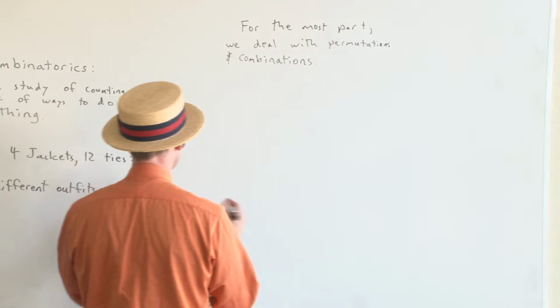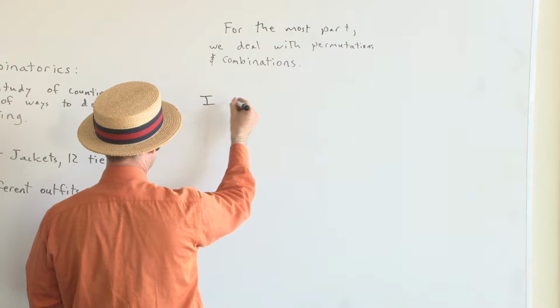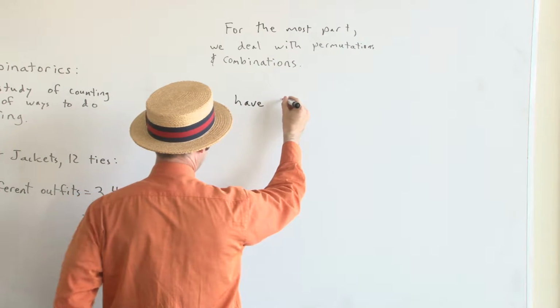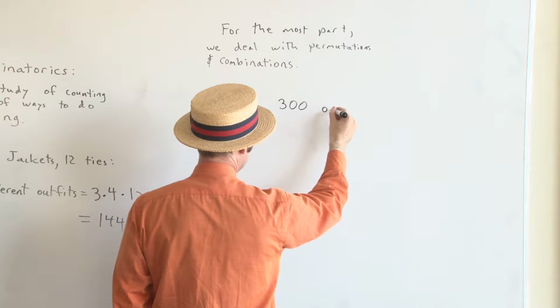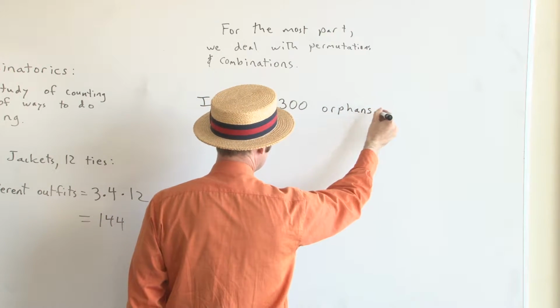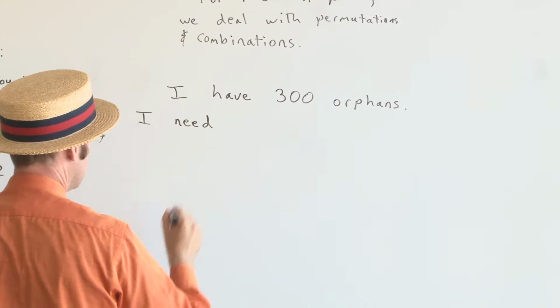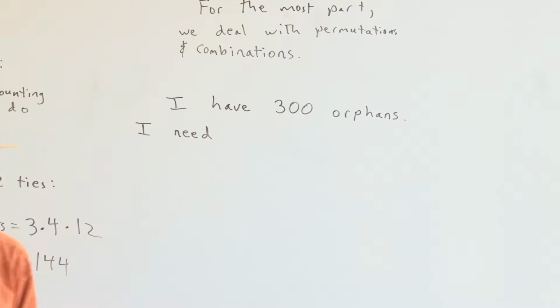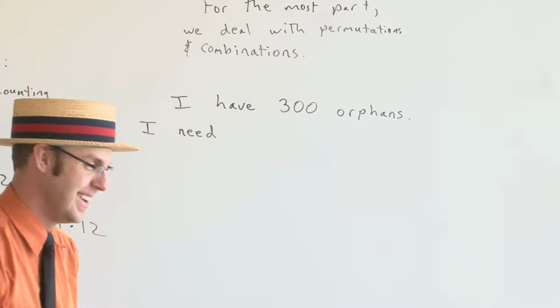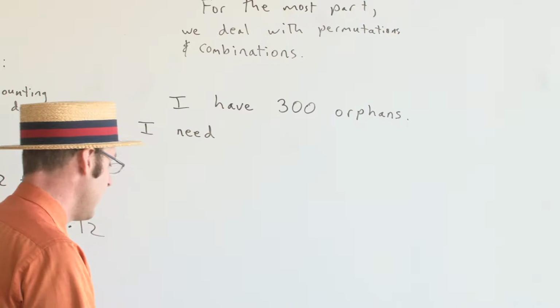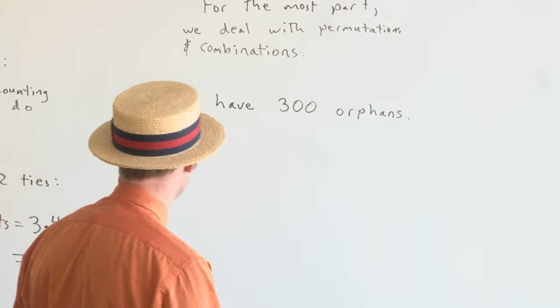So for the example, let's say I have 300 orphans. That's not enough. You should have said Ramsey. You need at least 350 to buy a nice car. Well, that's not what we're doing. We're doing something far more noble.